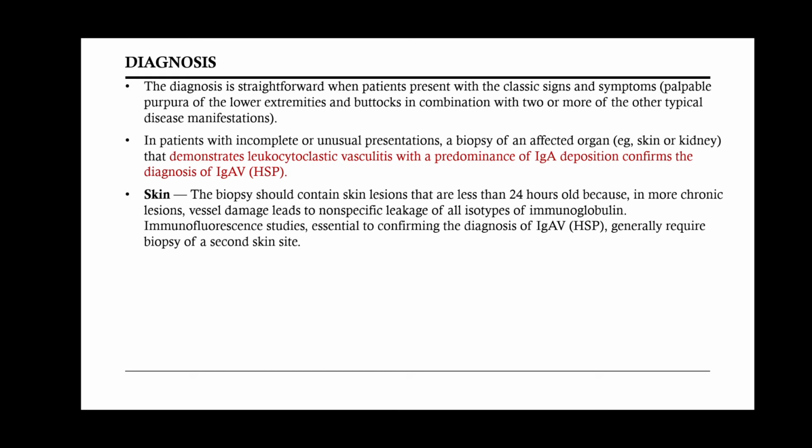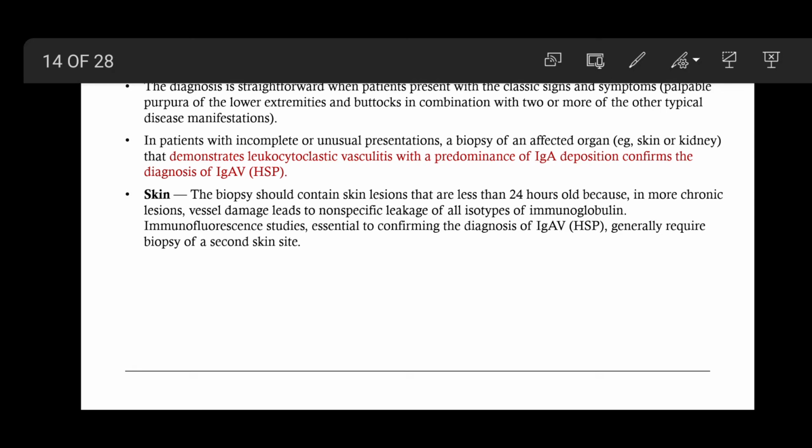Skin: the biopsy should contain skin lesions that are less than 24 hours old, because in more chronic lesions, vessel damage leads to nonspecific leakage of all isotypes of immunoglobulin. Immunofluorescence studies, essential to confirming the diagnosis of IgA vasculitis HSP, generally require biopsy of a second skin site.